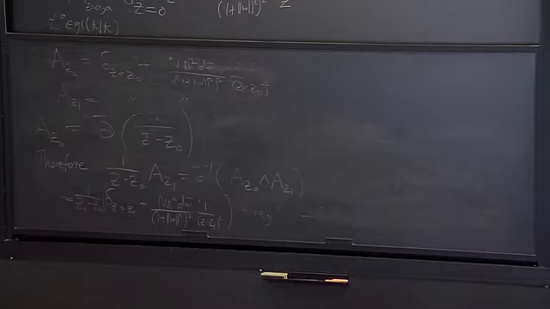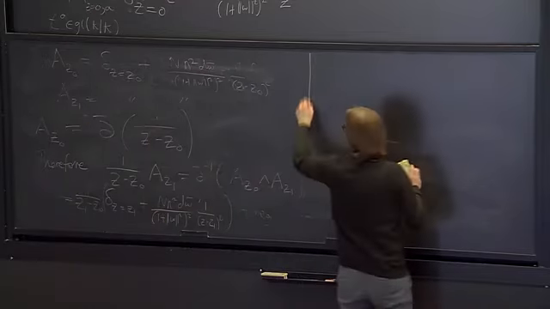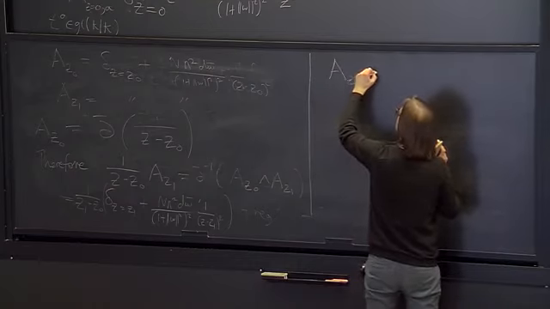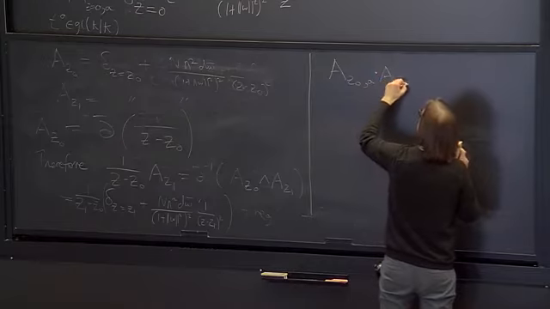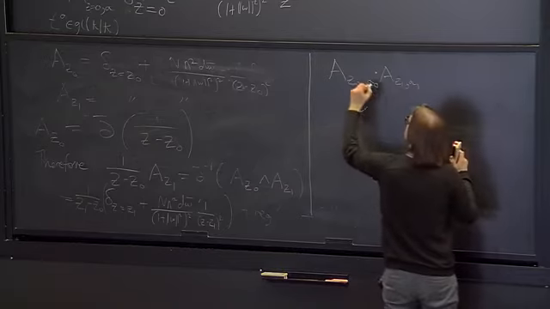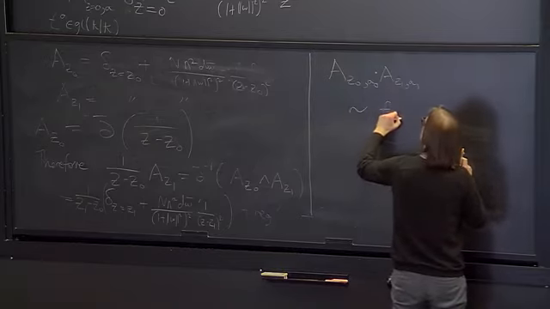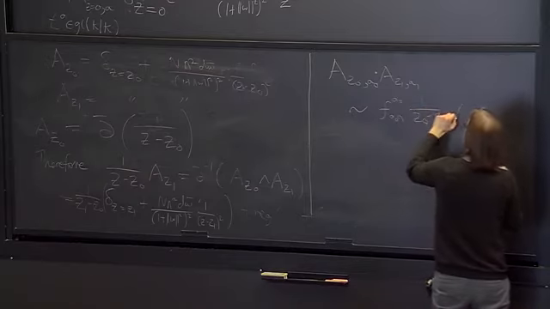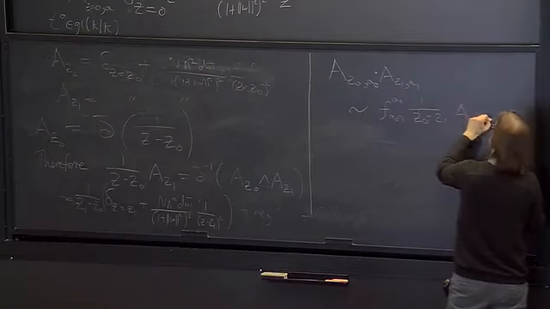Okay, is this making sense? So the answer is the holographic OPE has 1 over z1 minus z0 times the same kind of thing. So if I take AZ, and we introduce the algebra indices, this AZ1 A1 looks like f A0 A1 A2 1 over Z0 minus Z1 AZ0 A2.